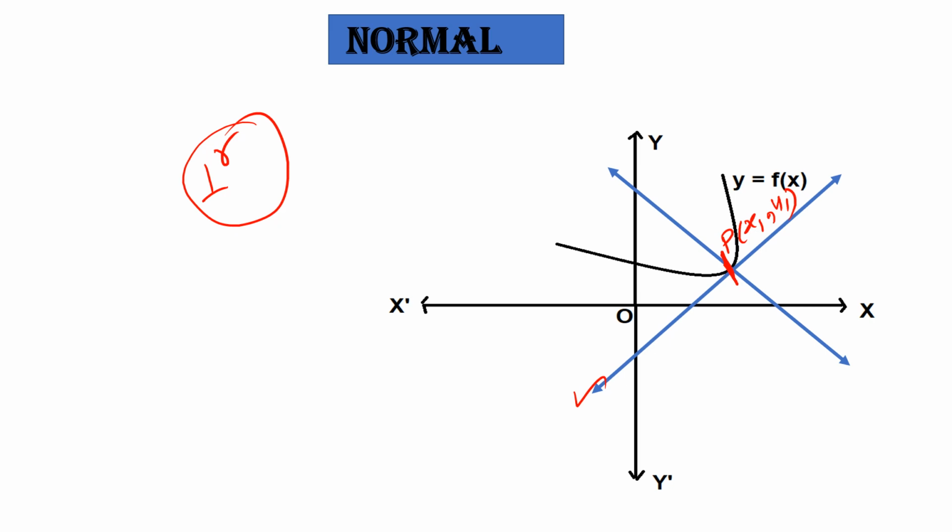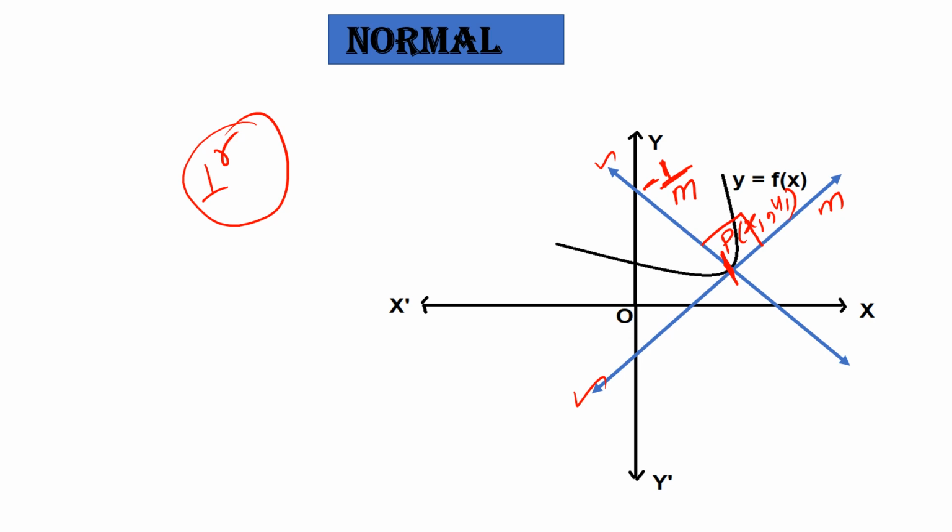Now the slope of the tangent line will be M. The normal line is perpendicular to the tangent line. Therefore, the slope of the normal line is -1 by M. Now the normal line having the slope -1 by M passes through the point P of x1, y1.